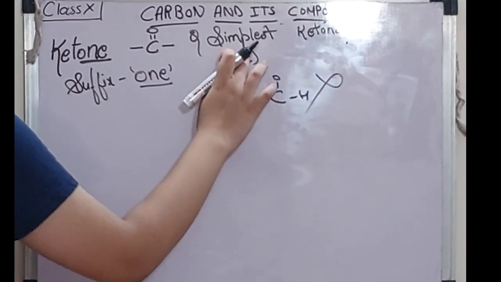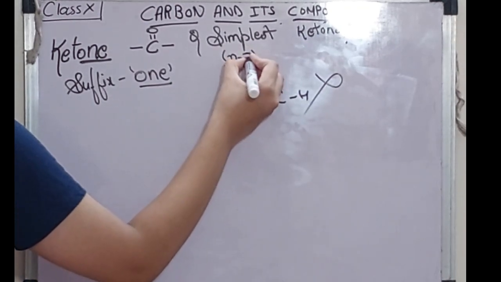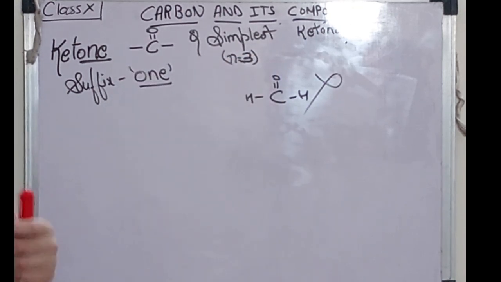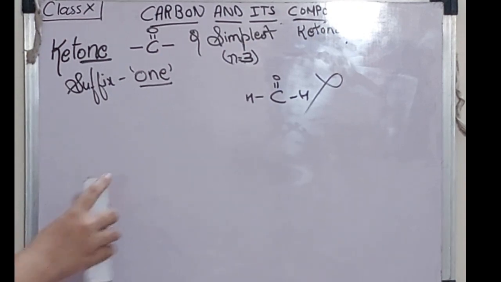The simplest ketone will always have 3 carbons. Now you will say, why so? We had to find the simplest. So why not 1 carbon but 3 carbon? So let me tell you.